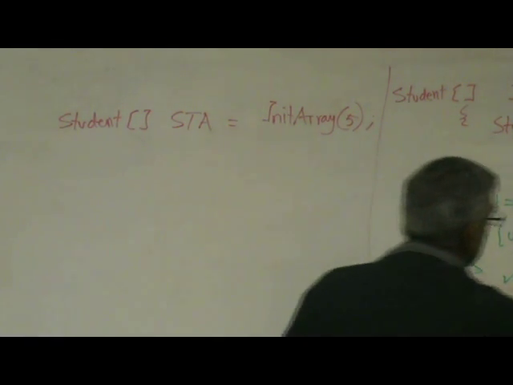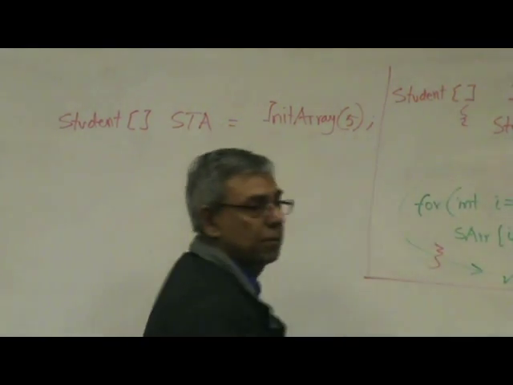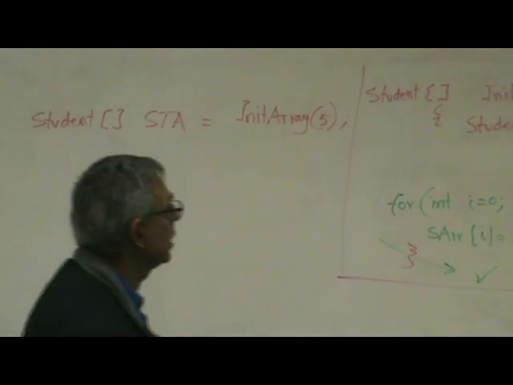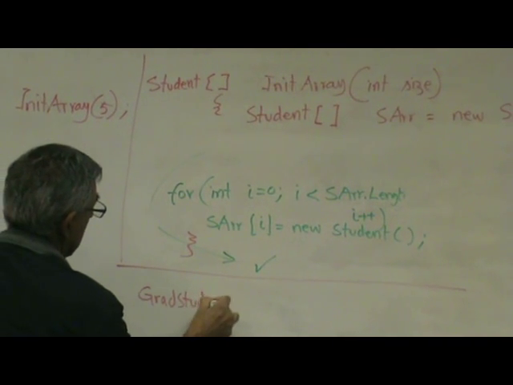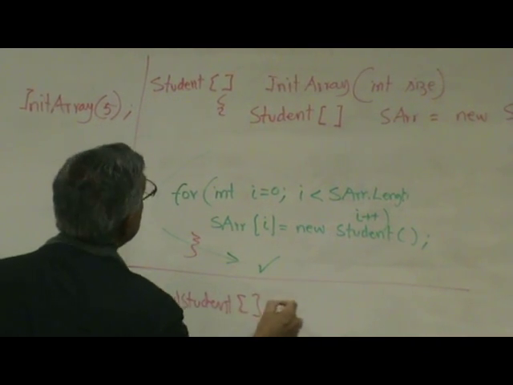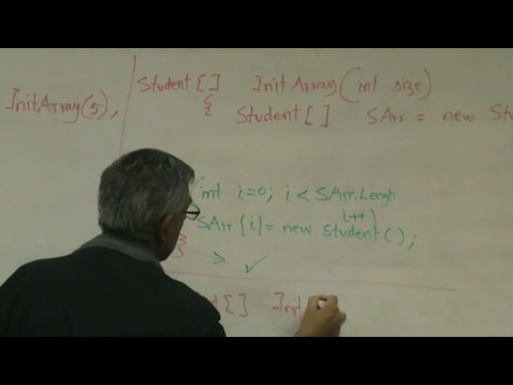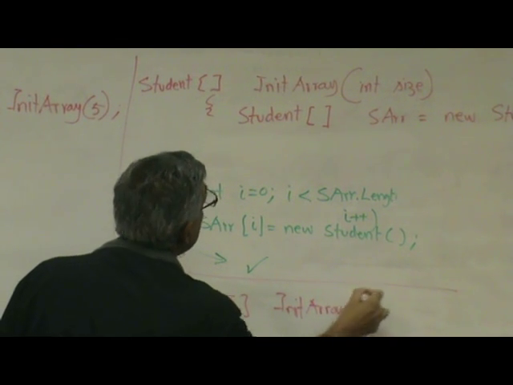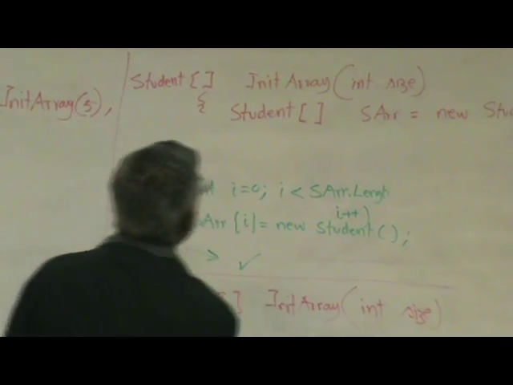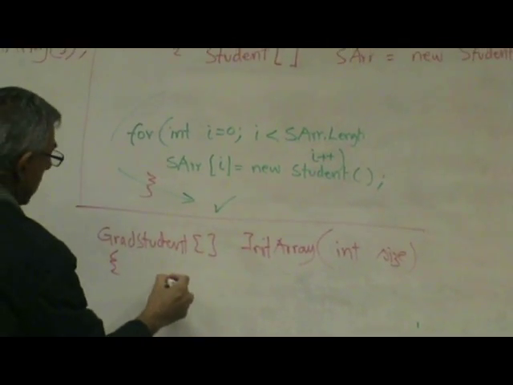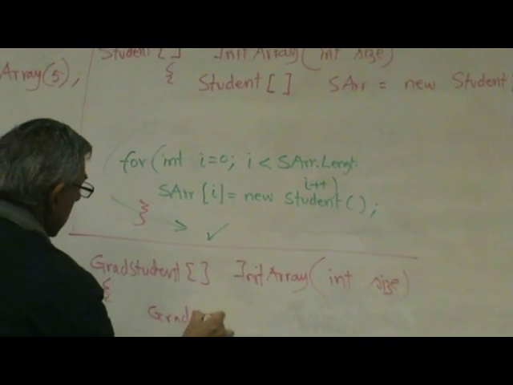So let's create the example for, let's say, a grad student. How will this code change? Grad student. So you will say grad student init array int size. Okay, and again, grad student.